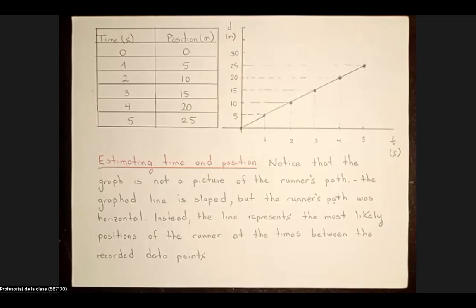Okay, instead, the line represents the most likely positions of the runner at the times between the recorded data points. Okay, very good.